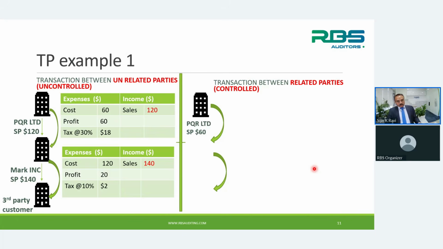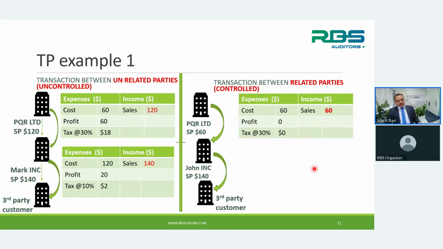If it is a related party, PQR Limited's selling price is $60 to John Inc., another related party in another country, and John Inc. again sells to a third party customer. So let's see. In the first part the cost is 60, and the sales price I am putting is 60. That is a related party transaction, whatever is transferred from PQR Limited to John Inc. is $60.